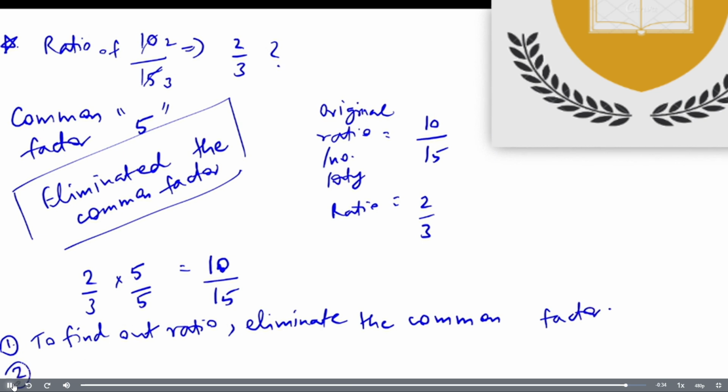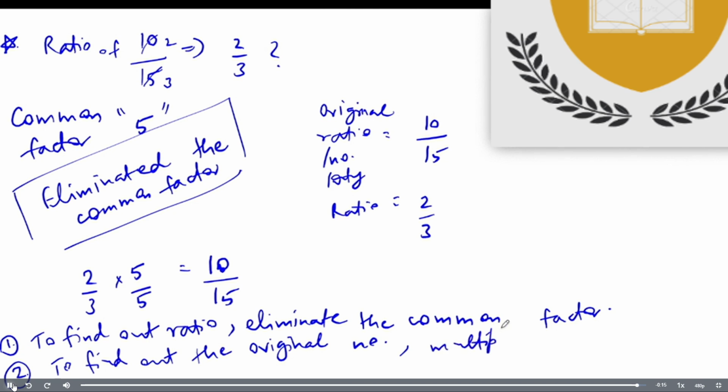The second important thing, which is really important from the exam point of view, is to find the original number: multiply the ratio with the common factor.